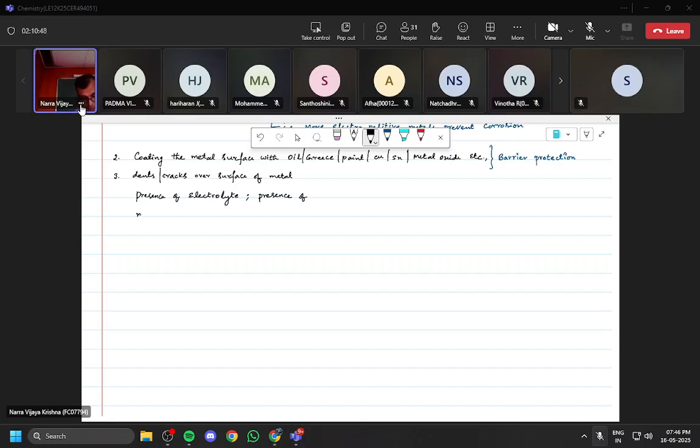Presence of moisture, or moist air. Right? Presence of impurities in the metal.